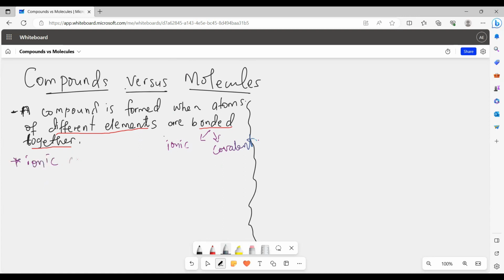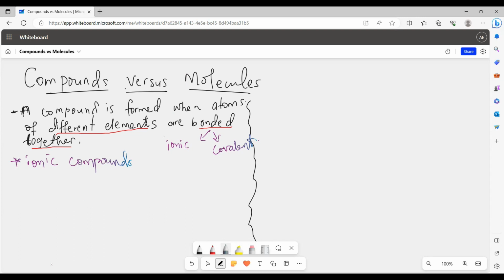The ionic compounds are the compounds formed between the electrostatic force of attraction between your positive cations and your negative anions. That is when your metals transfer electrons to your non-metals.